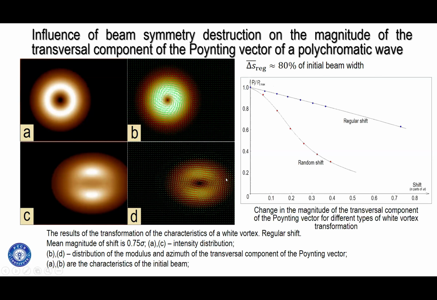Thus, the magnitude of the transversal components of the pointing vector remains zero at the singular point, even for significant shift of the spectral components. So even for a shift of the order of 40% of beam width, for any nature of shift, circulation of the transversal components of the pointing vector is observed.